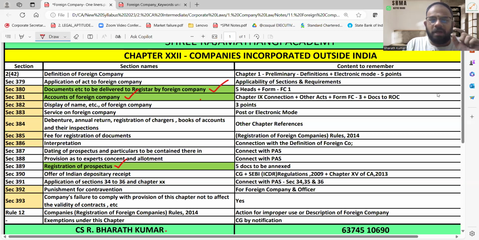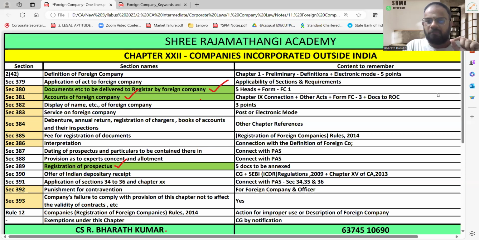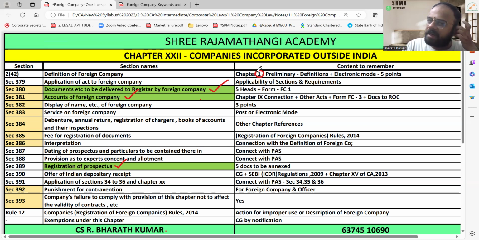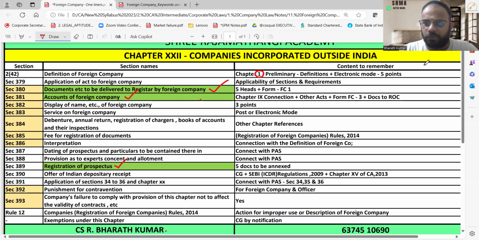When you're talking about the definition of foreign company, where you will study the definition of foreign company? Chapter number 1, preliminary definitions. I'm only taking you through the quick way, then we will color the material. Then how in an electronic mode this foreign company can also work. There are some 5 points. If you know this, this particular section is over.